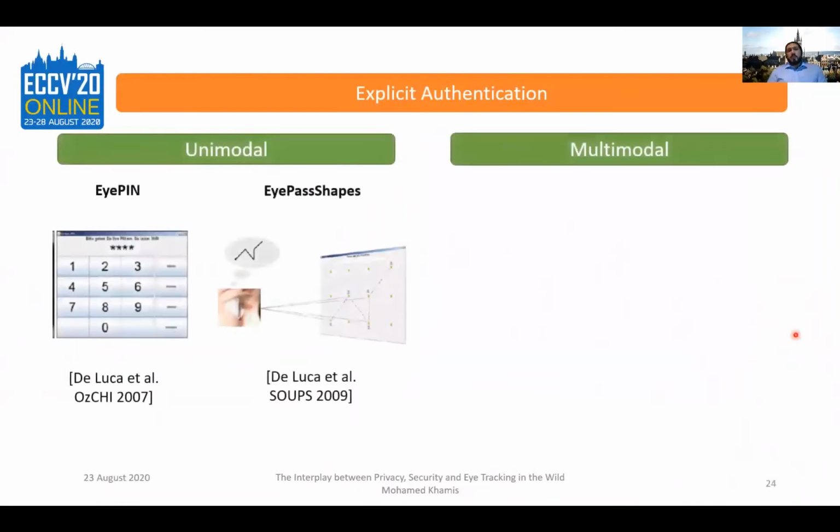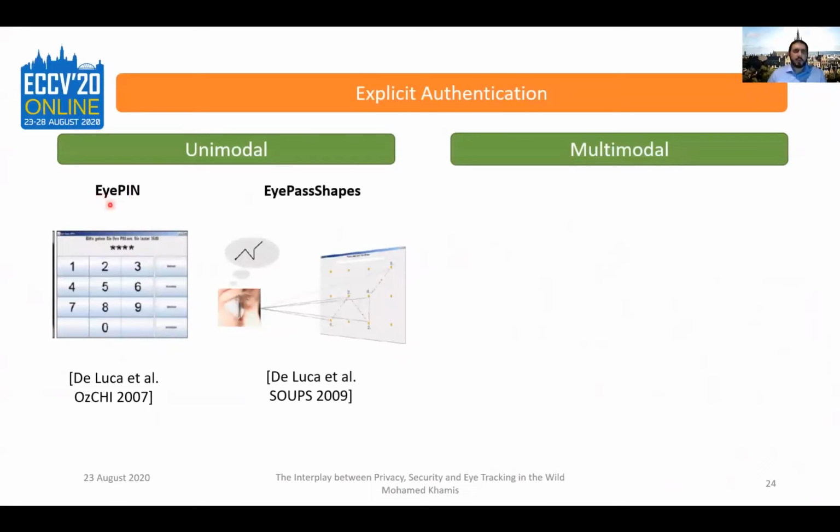A further way to categorize explicit authentication is based on the number of modalities involved. The typical thing is to use a single modality, or let's say the initial attempts for gaze-based authentication, people looked into using eyes or gaze as the only modality for entering passwords, like the systems here.